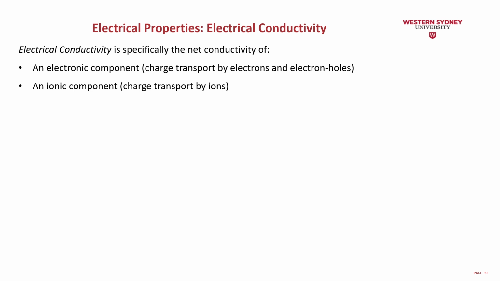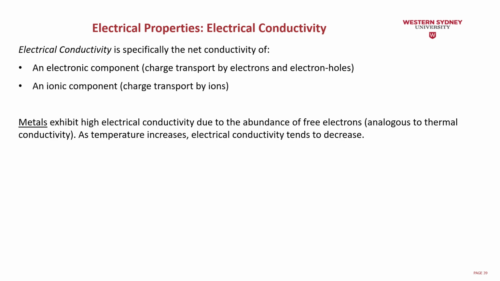So the electrical conductivity is specifically the net conductivity of first an electronic component, which is charge transport by the electrons and the electron holes, and an ionic component, which is the charge transport by ions.